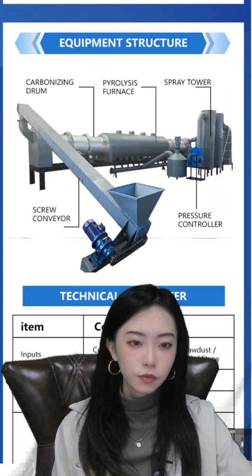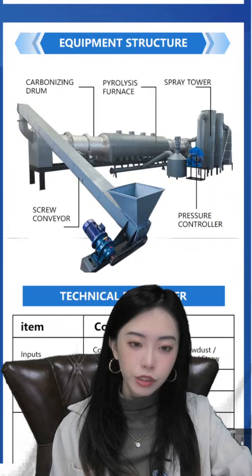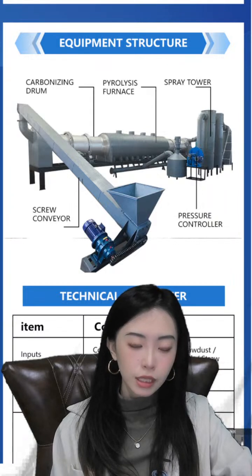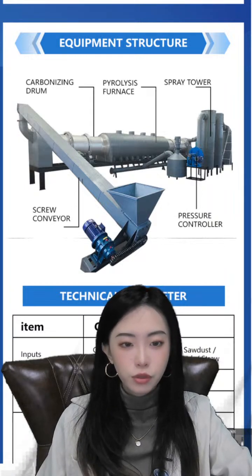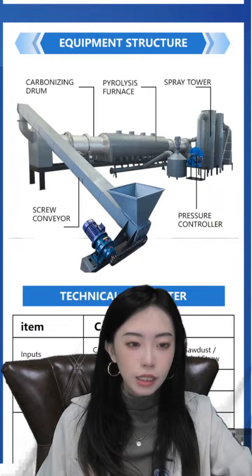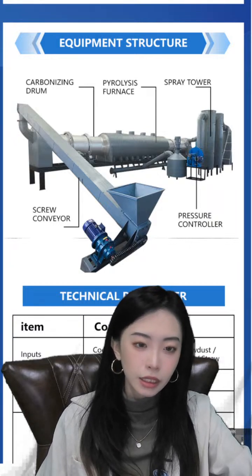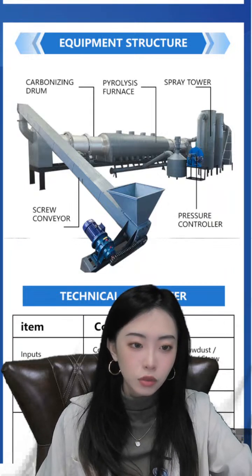The carbonization process mainly consists of pre-treatment or drying, carbonization, and post-treatment, including slag treatment and purification treatment. The pre-treatment stage is mainly to remove impurities in the raw materials and adjust their moisture content in order to improve carbonization efficiency and quality.